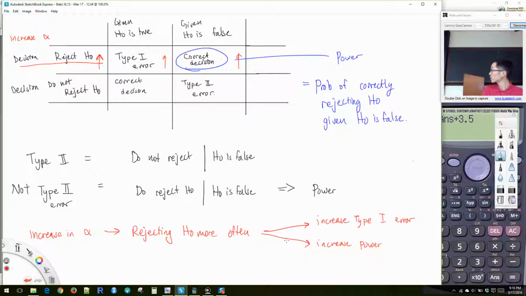So rejecting the null more often has the effect of increasing your power, but also increasing type 1 error. So you just kind of have to say, well, what's a good alpha? If you want to increase your power without increasing alpha, you have to gather more data.